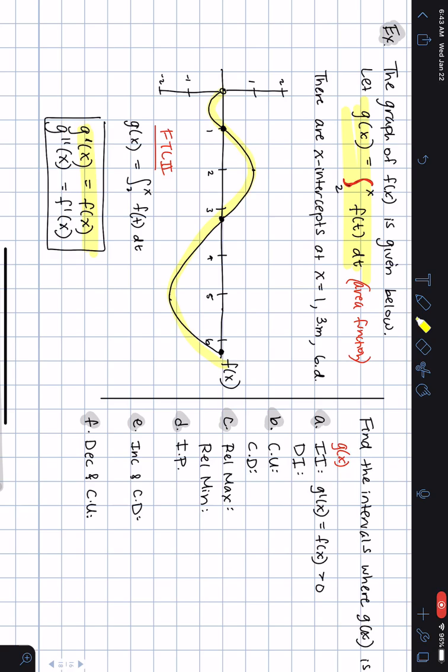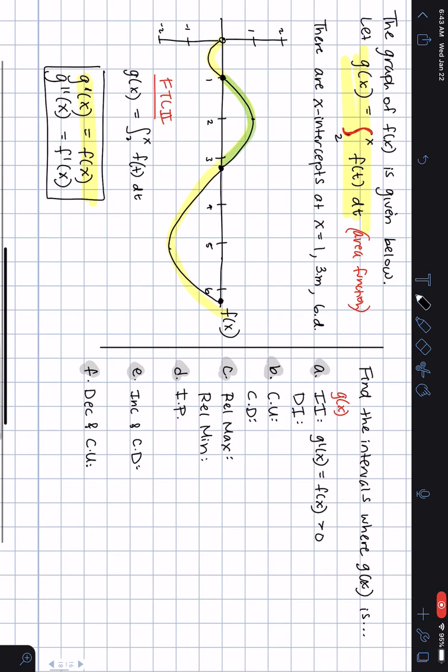So if I want to know where f of x is greater than 0, I'm looking above the x-axis. I'm interested in this region right here. This is where f of x is greater than 0. So we'll say on the interval from 1 till, the instructions say to call that 3-point monkey. 3-point something, who knows? Might as well call it monkey.